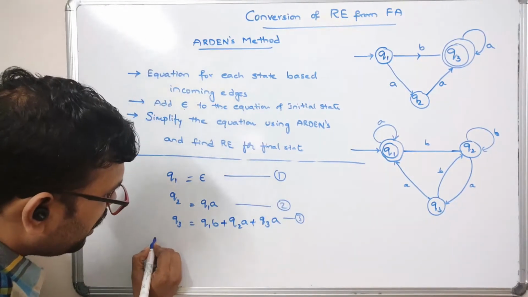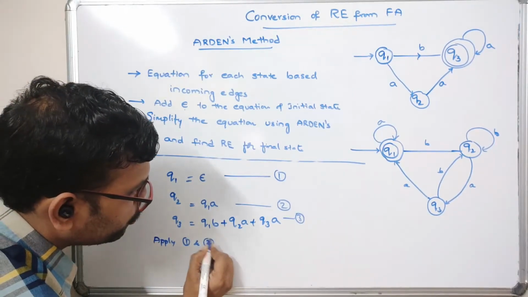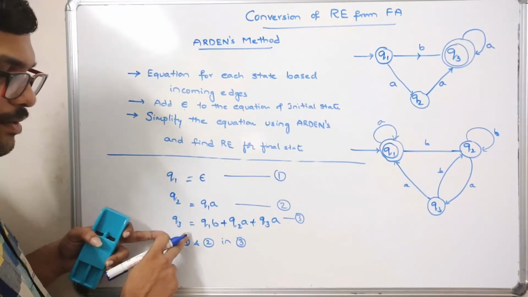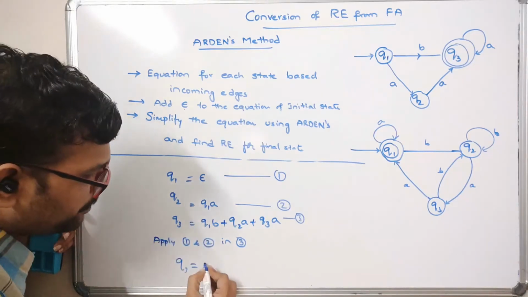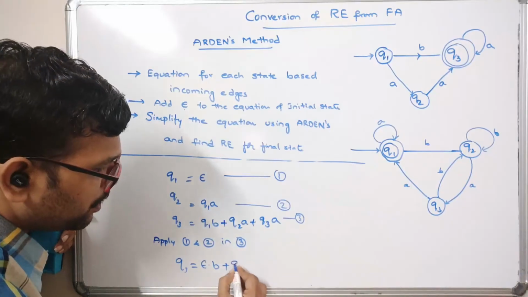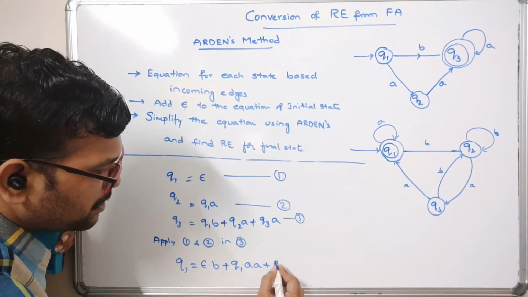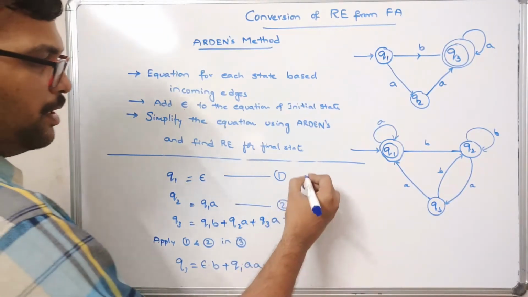Now you simply apply 1 and 2 in 3. So use 1 and 2 in 3, right? So you can see Q3 is equal to Q1, which means epsilon into B, plus Q2, which means Q1 A, plus Q3 A, right?